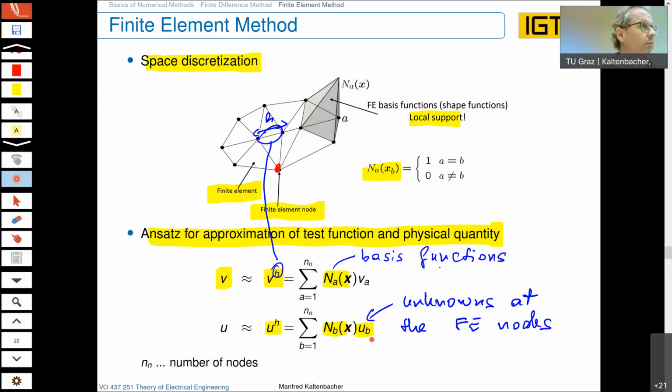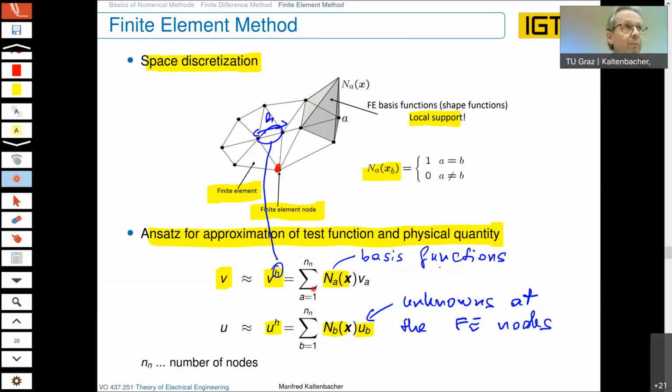exactly u_A. Yeah, because for B equal A, this will be 1. For all other indices of B, it will be 0. And so the sum gives you really exactly at the node A, the value u_A. And therefore, it is allowed to make such an ansatz with a sum.